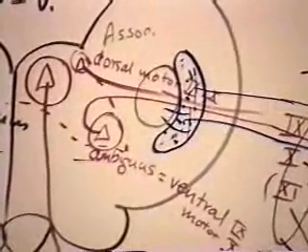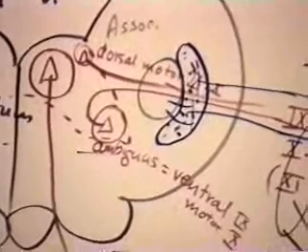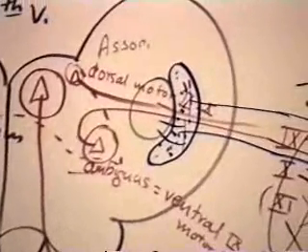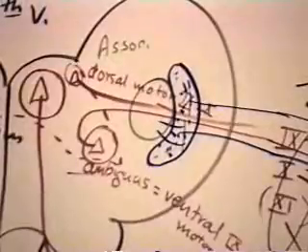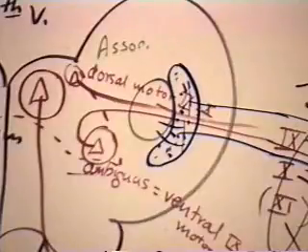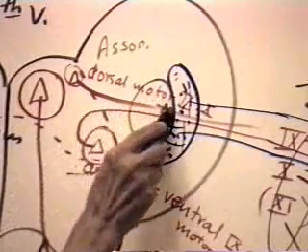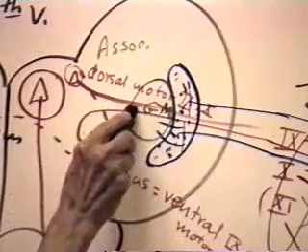And how many components does it have? Three. And they are the association plate for pain and temperature: marginal, gelatinosa, proprius.